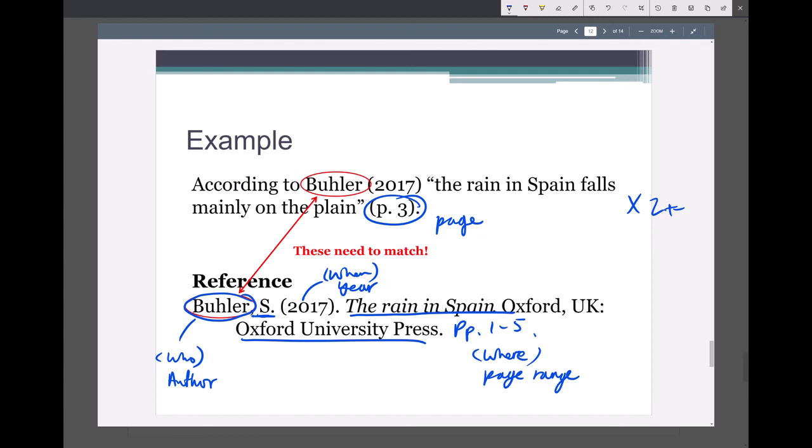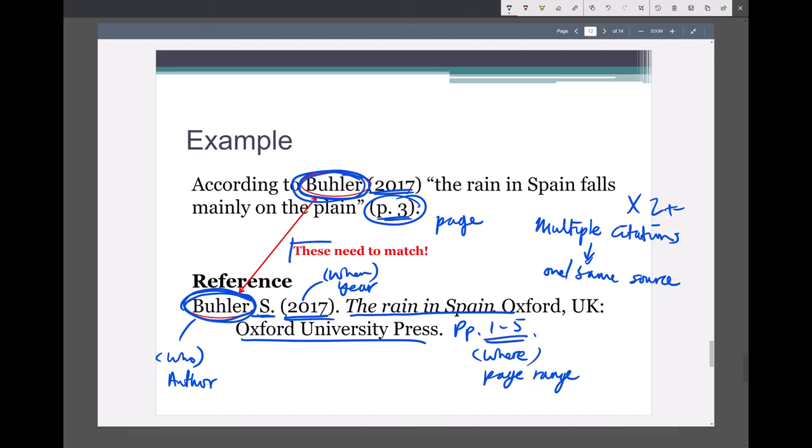You can have multiple citations in the essay on the same source. But again, if I find Bueller in the essay, for example, I expect to find Bueller with the same year and the right page in the page range in the reference.